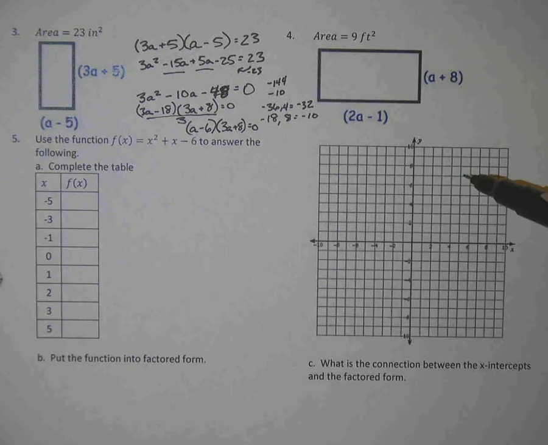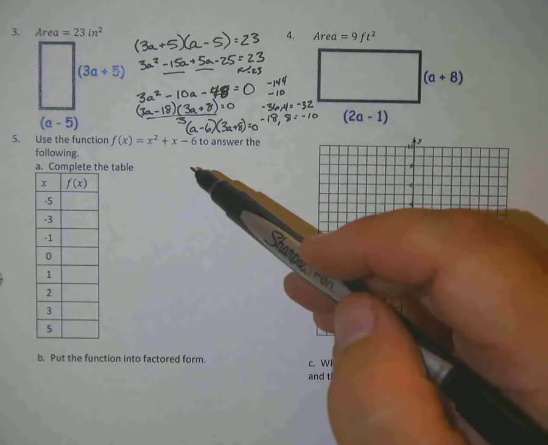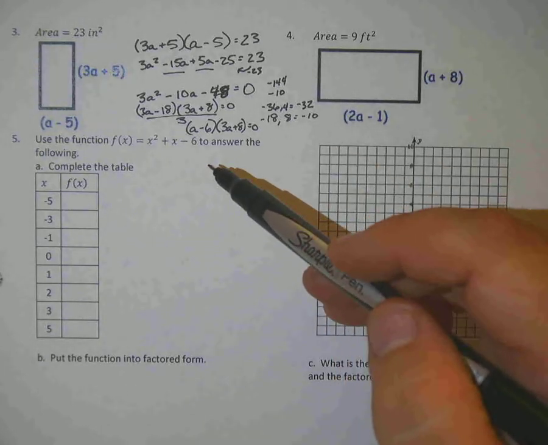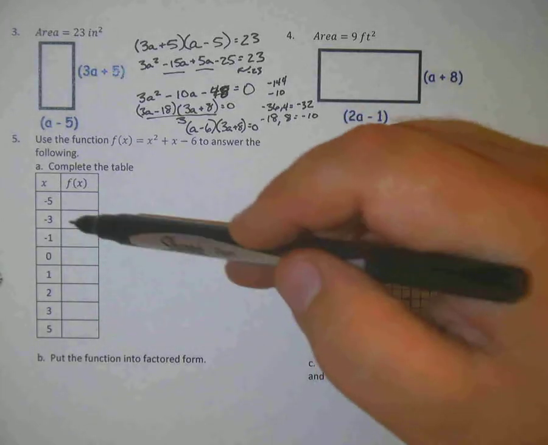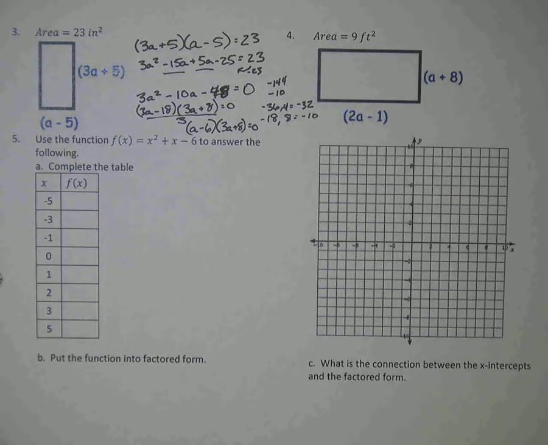Then I want you to factor this into two binomials, and then I'm asking for a connection between the x-intercepts and the factored form. I'm going to let you try that problem. I did one just like it on the last section, so if you want to see how to get this set up, go look at that one again for a quick refresher. If you have any questions, feel free to let me know, and we'll work through it together.